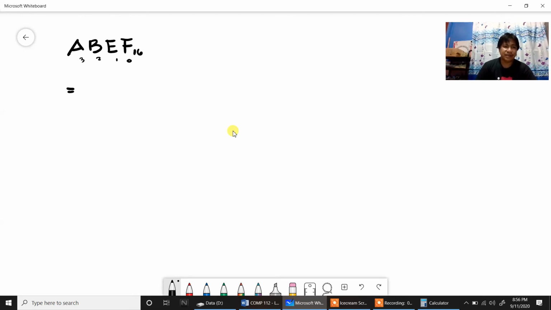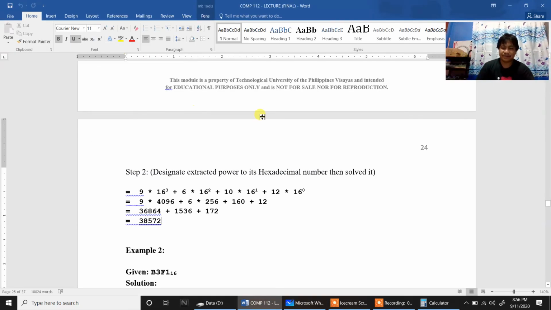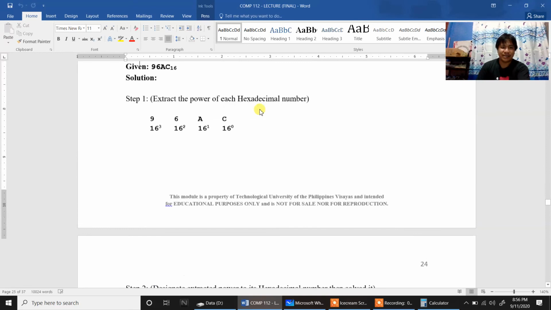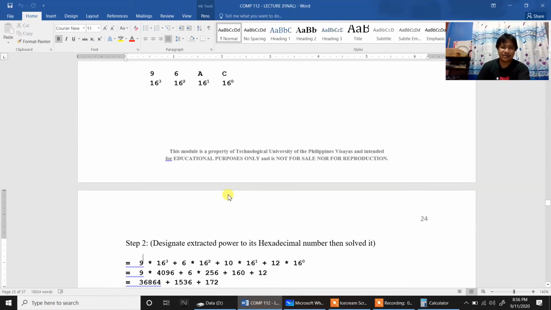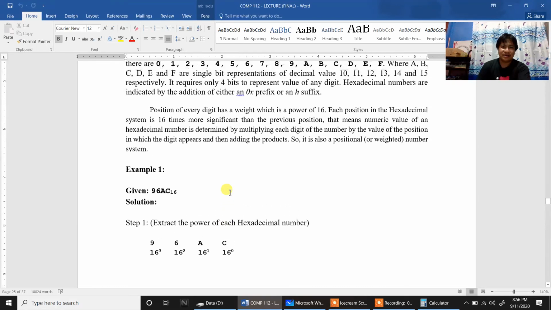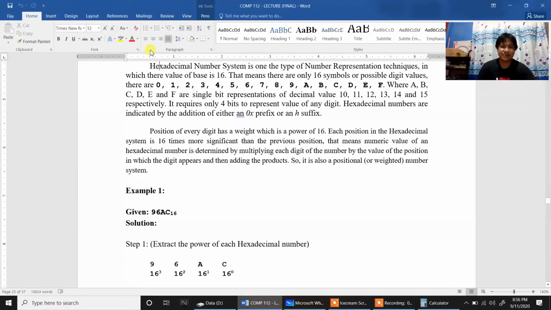Okay. So if you encounter this on the other side of your number, since in our example we have A, if you count from the numbers 0, 1, 2, 3 up to 9, the value of A is 10, B is 11, C is 13, D is 14, E is 15, F is 16.